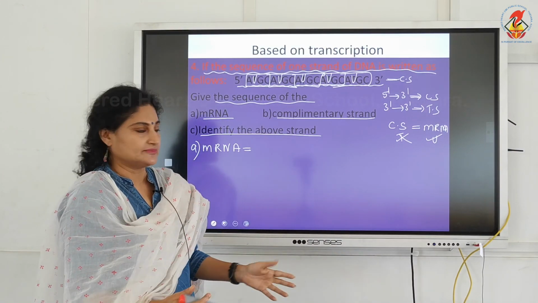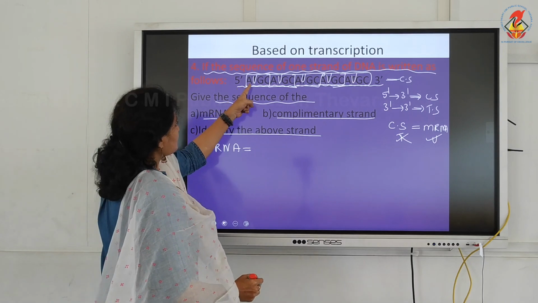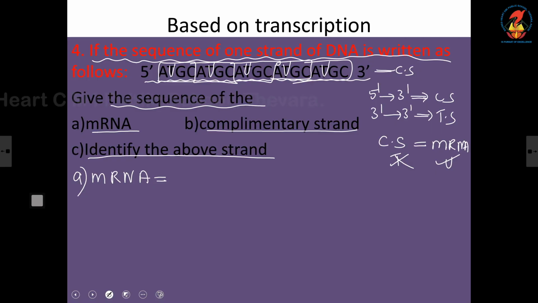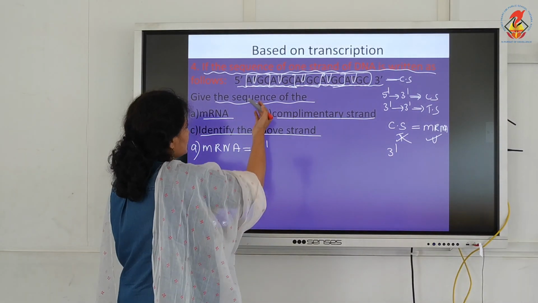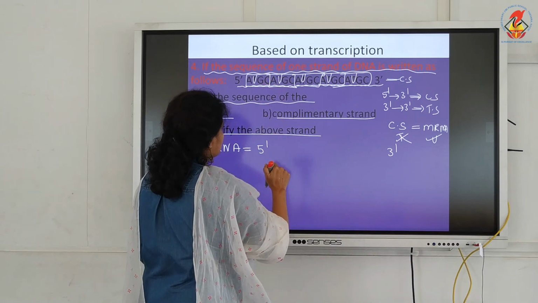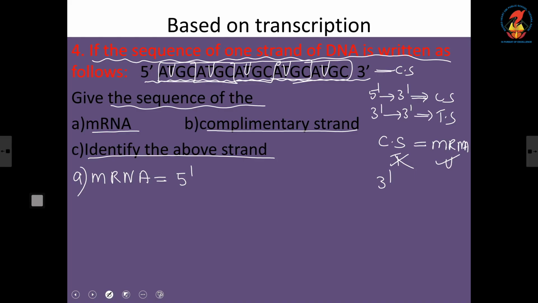Usually it's ATGC. So the mRNA I am going to transfer, and don't forget the polarity of the mRNA is also 5 prime to 3 prime, as the coding strand. Now I am going to transfer; the coding strand is exactly similar to the mRNA. So the same repetition, but T is replaced by U. It is AUGC.